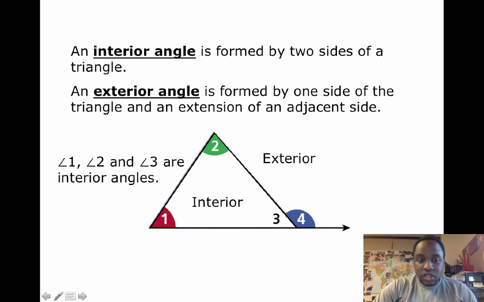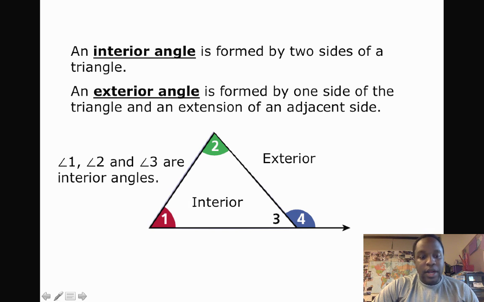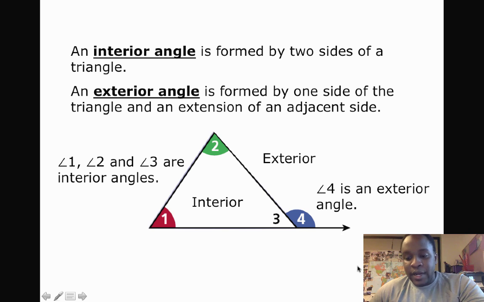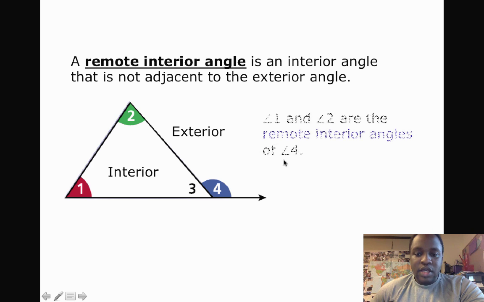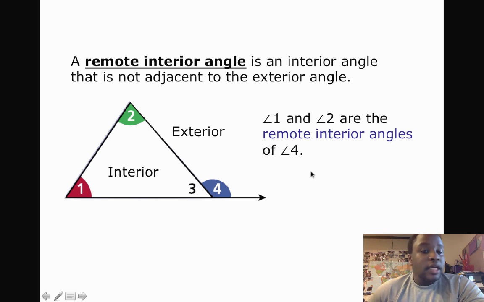So angle 1, 2, and 3 are interior angles, and angle 4 is an exterior angle. So a remote interior angle is an interior angle that is not adjacent to the exterior angle. So in this case, angle 1 and angle 2 are remote interior angles, and angle 4 is the exterior angle.